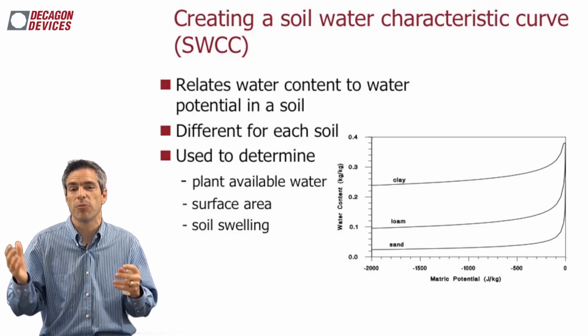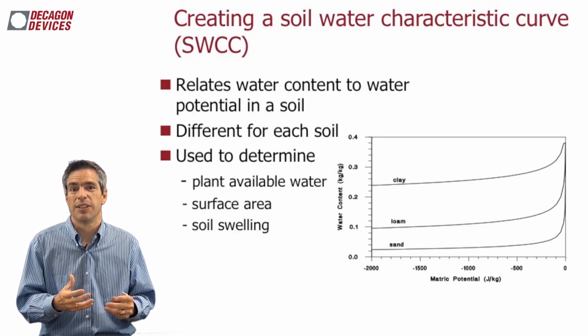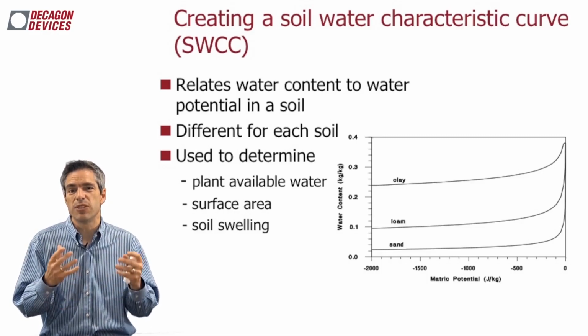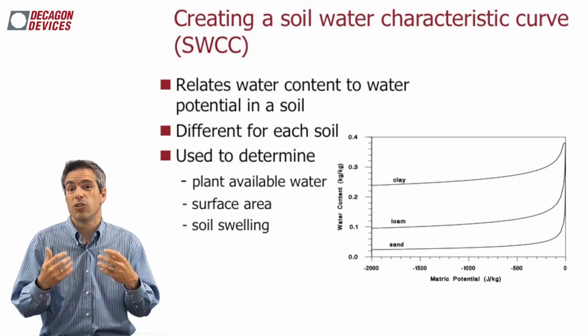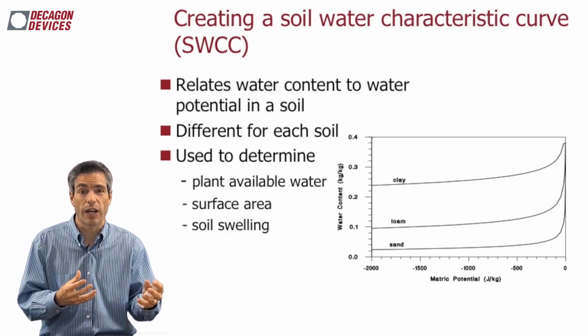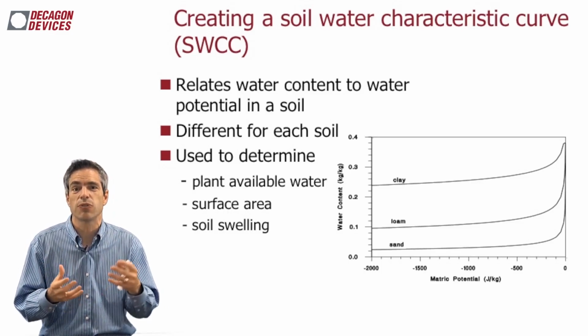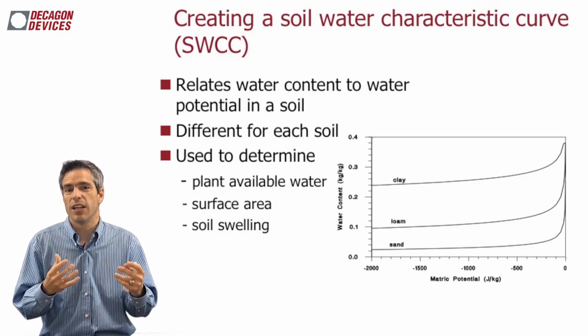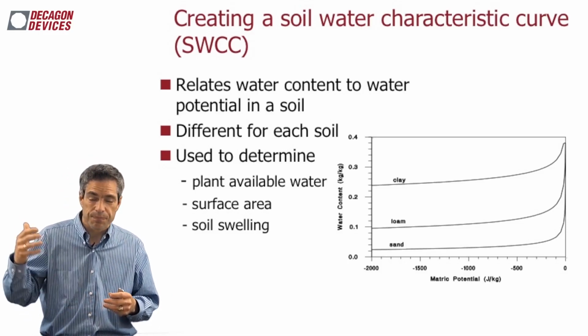It's again the relationship between soil water content and water potential. And that relationship is different for different soil types. And we're going to see this. We're going to show you some data that we collected in our lab on a lot of different soils and show you how it changes for these different soils, and maybe briefly just mention what effect that might have.